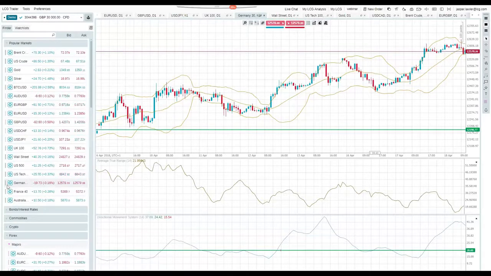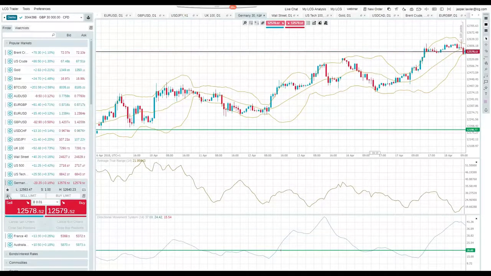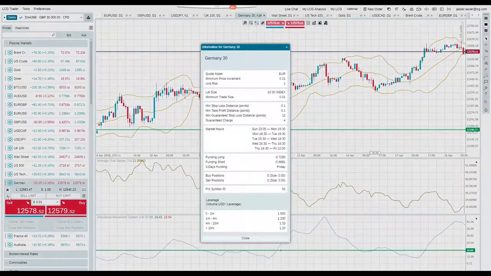So if I click on that here, the information box tells us most of what we need to know. Obviously it's quoted in euros. It is, after all, based on German stocks, which are all listed in euros. It's based in Germany, which uses the euro, so no surprise there. The lot size that we use is 10 times the index.